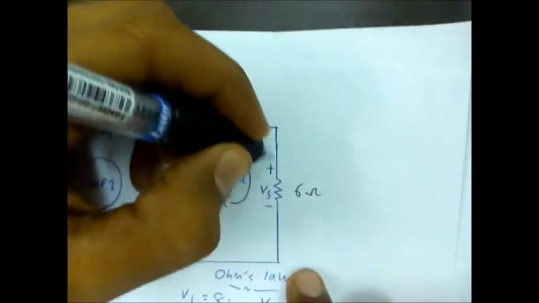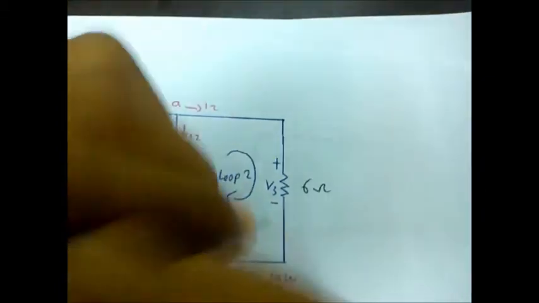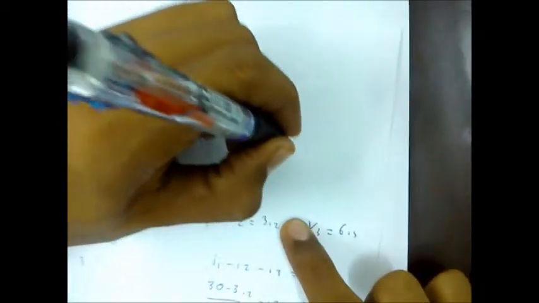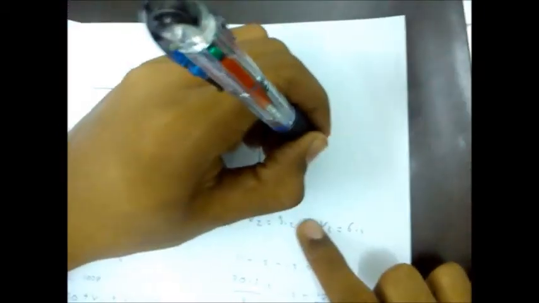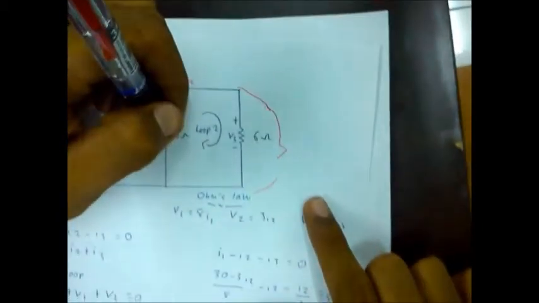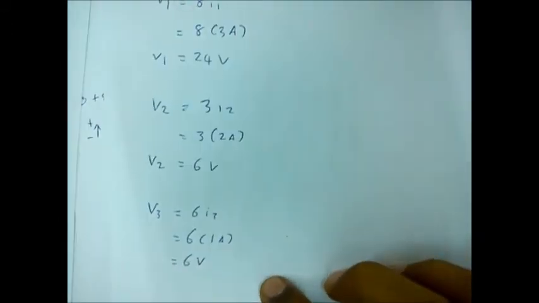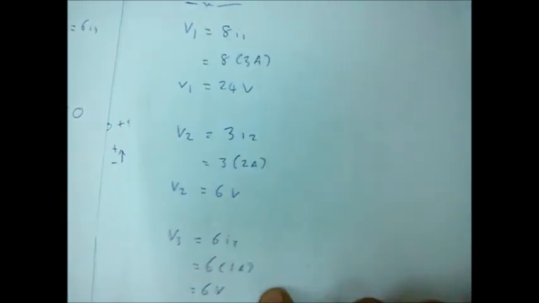We know that the voltage in this parallel circuit is the same at each resistor. The voltage drop is the same here, and V2 equals V3 in parallel. So V3 and V2 are both 6 volts.